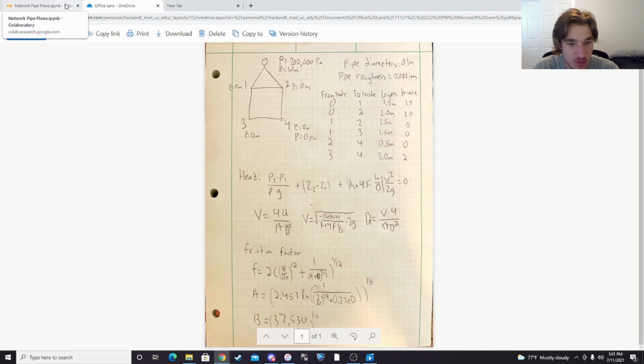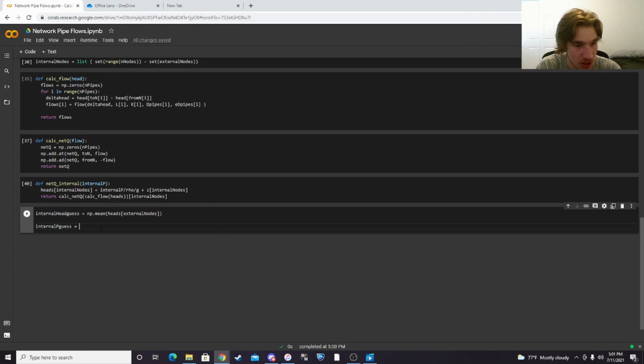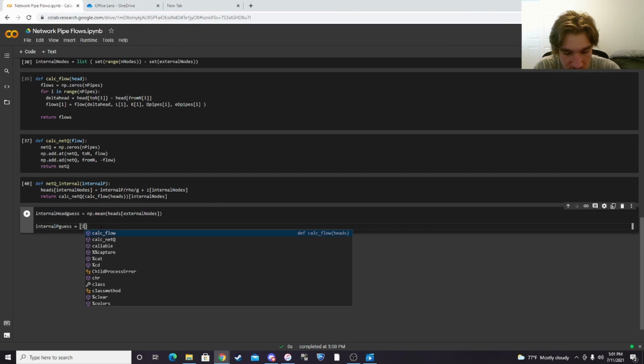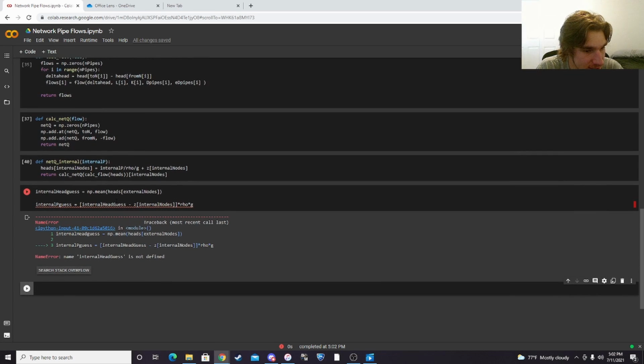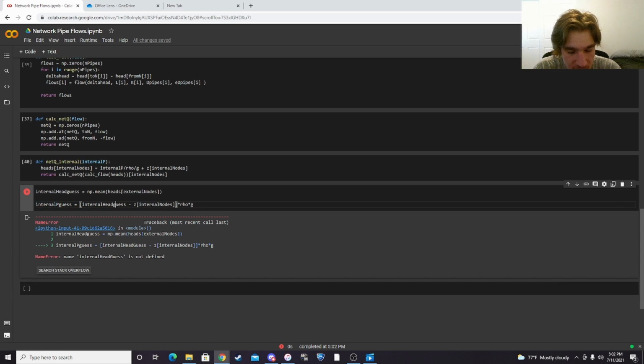So it is going to be our internal head guess minus our delta, or our Z of the internal nodes, and this is going to be times rho G. Internal head guess is not defined because I used a lowercase g.